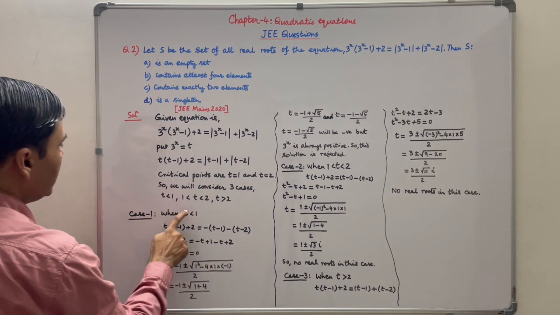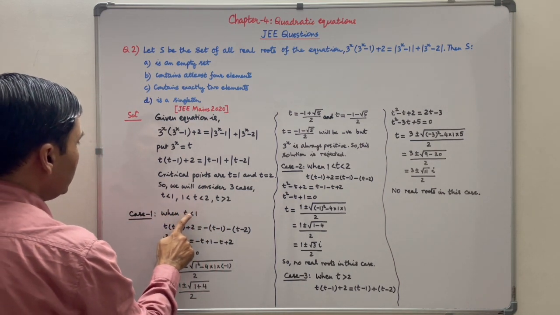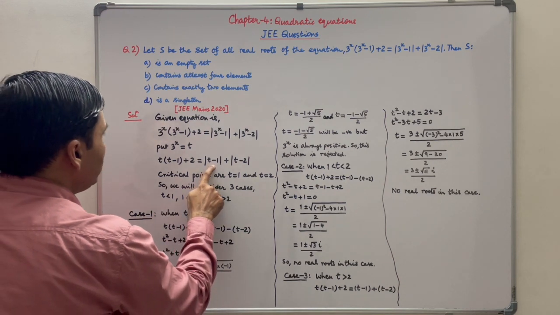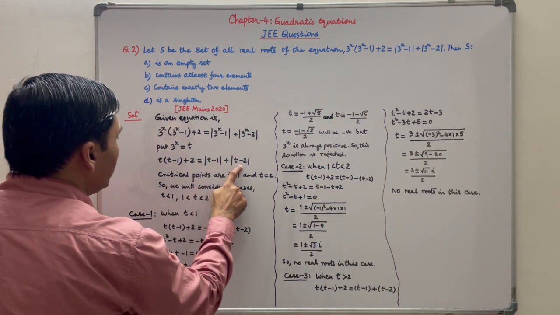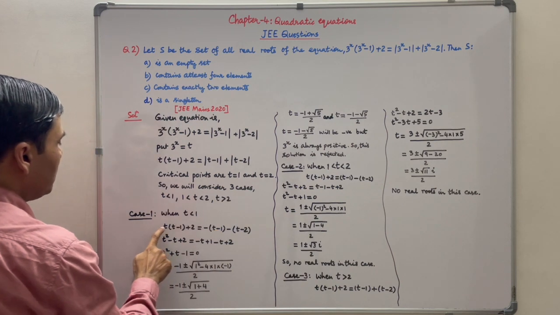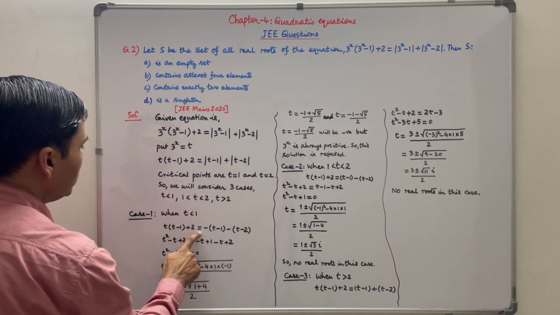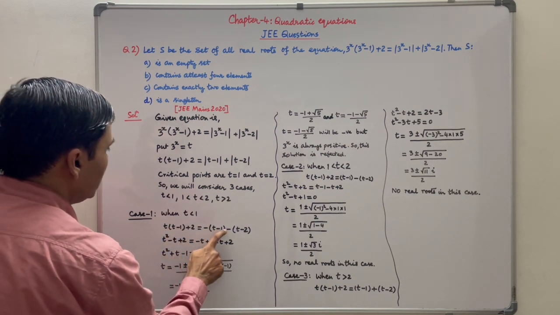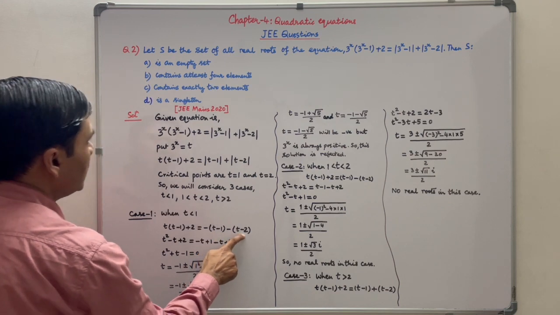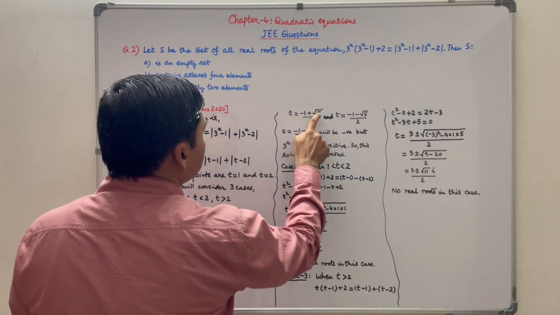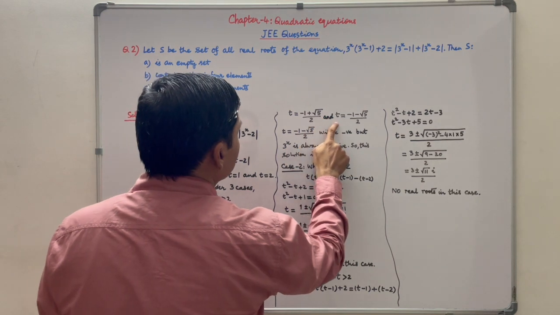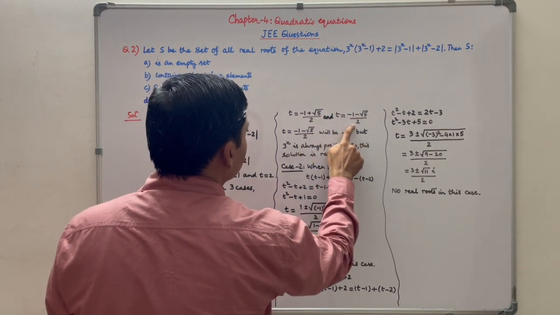Case 1, when t is less than 1. When t is less than 1, both (t − 1) and (t − 2) will be negative. So the equation will be t(t − 1) + 2 = −(t − 1) − (t − 2). So t = (−1 + √5)/2 and t = (−1 − √5)/2.